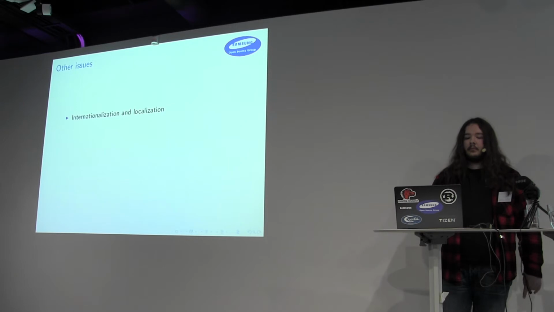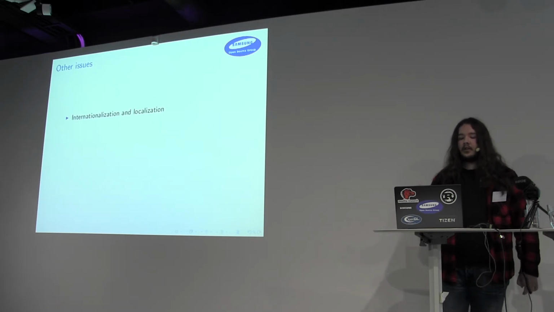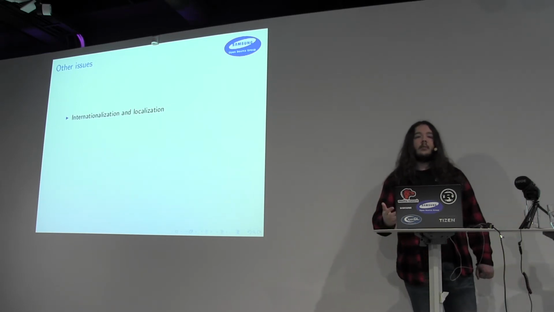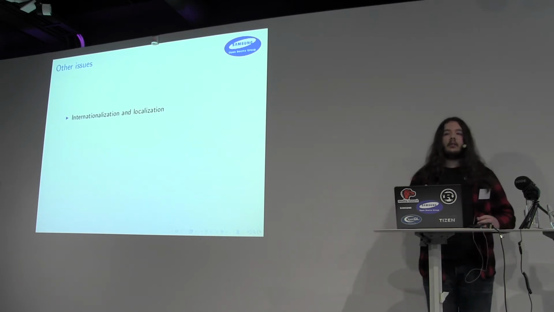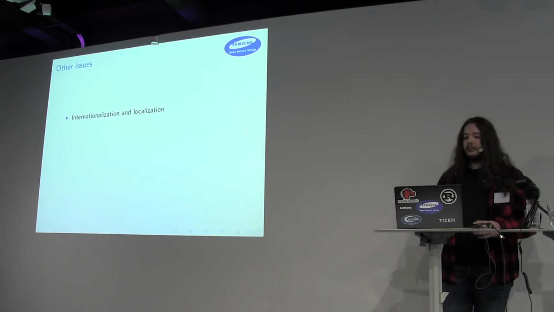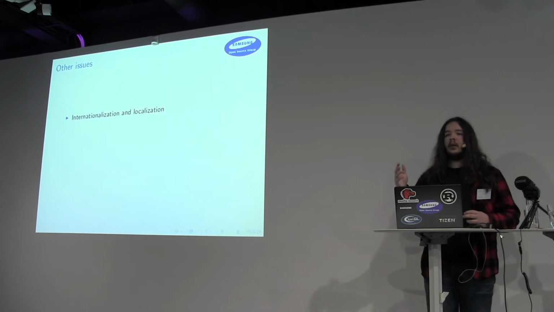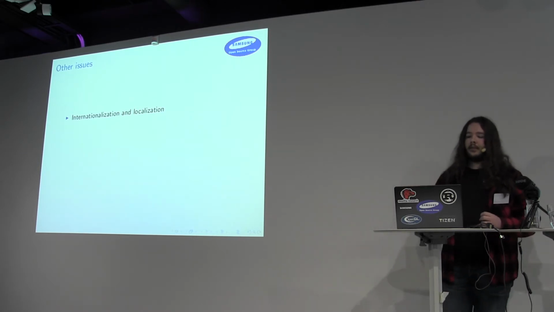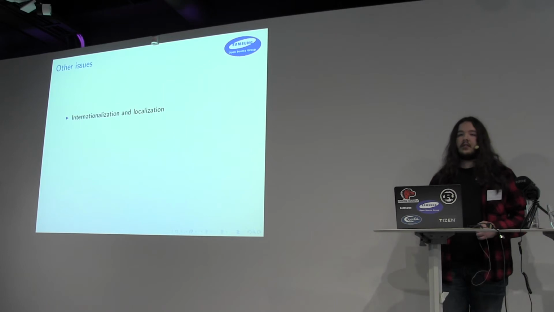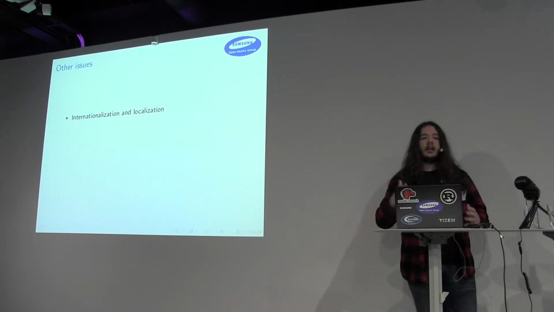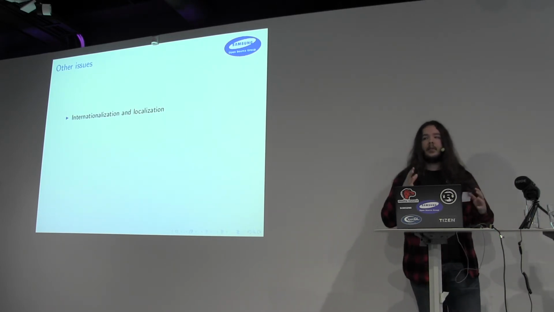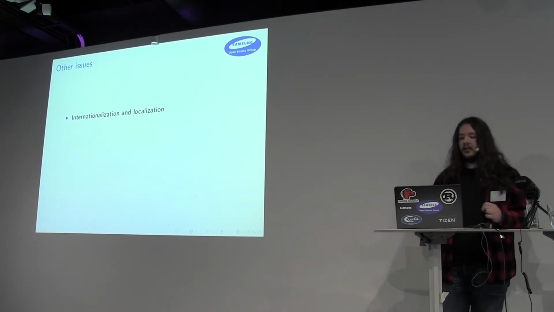Some other issues are, for example, internationalization and localization, because if you use GNU gettext, you need those MO files which are loaded by the library stored in a physical location, which is not good for us, because if we want to package those applications, we need to store them in some sort of VFS and read them later.